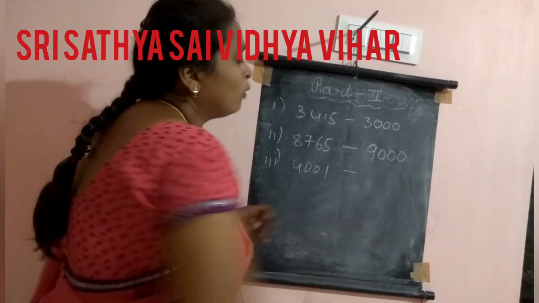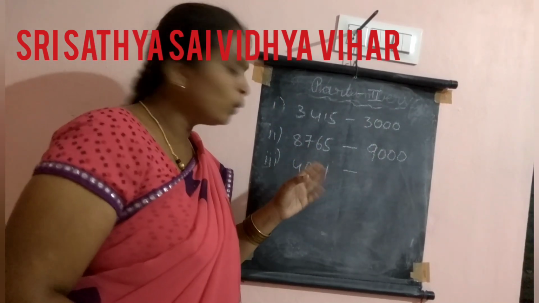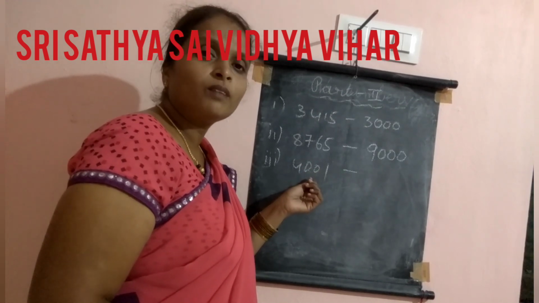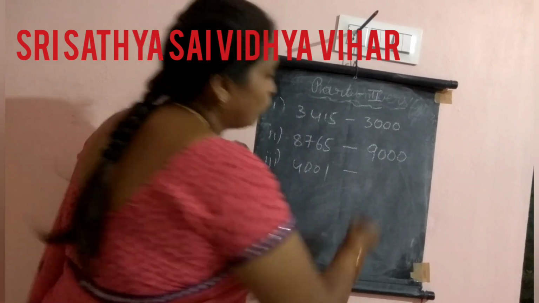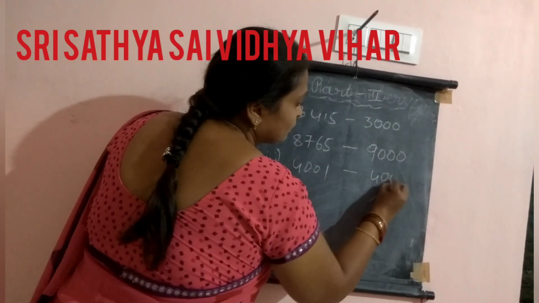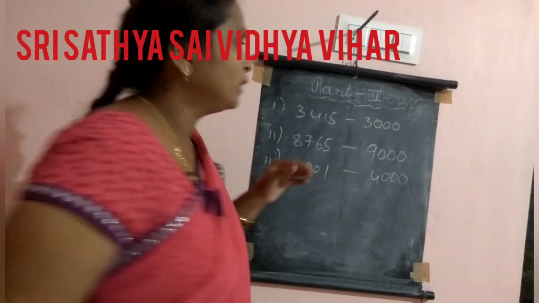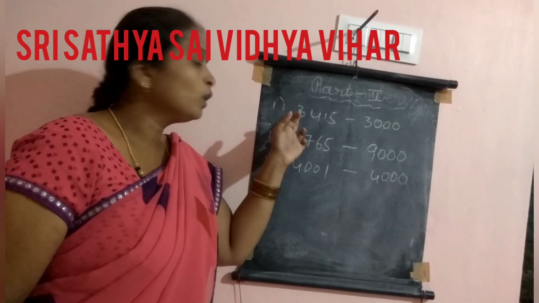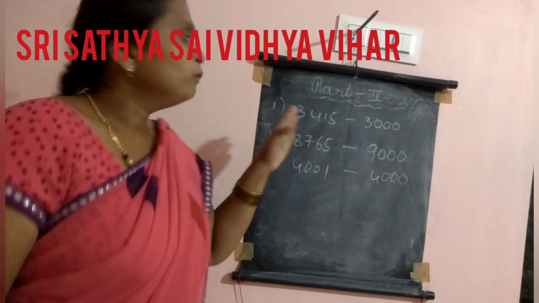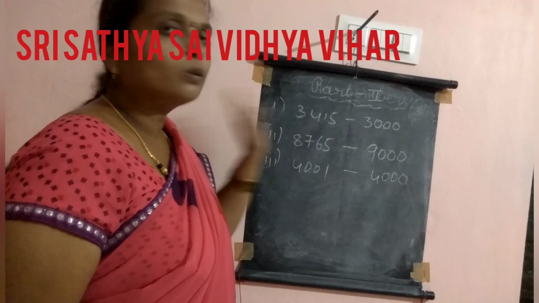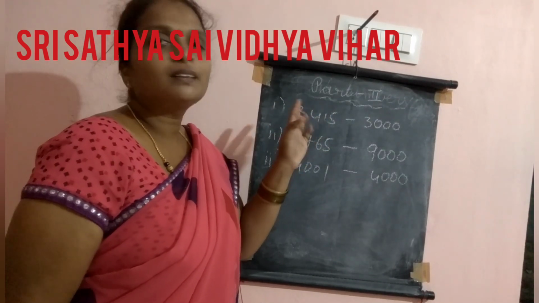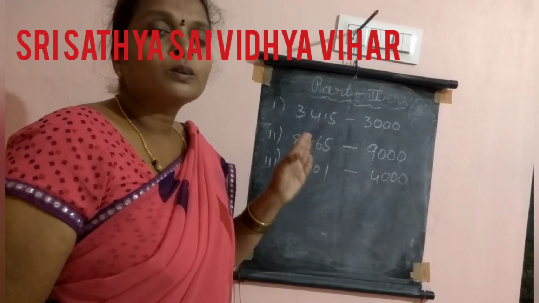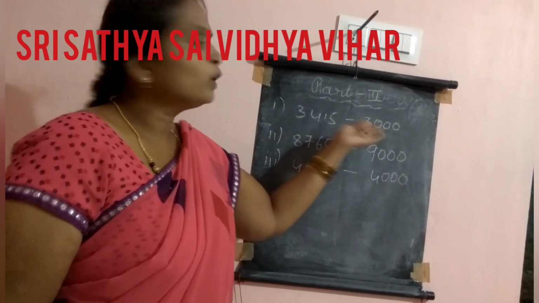Here 4001. How can we round off? 4000, nearest to 1000. Once again I am telling, see how we round to thousands: leave the thousands place, and after it check the hundreds place. For 3415 the hundreds place is less than 5, so it is 3000 only.